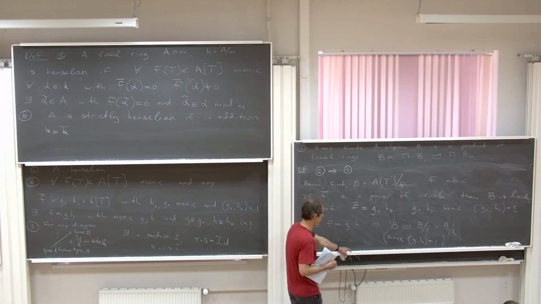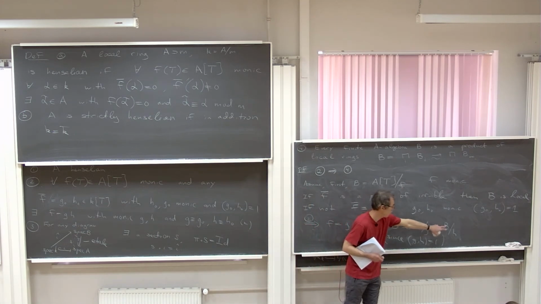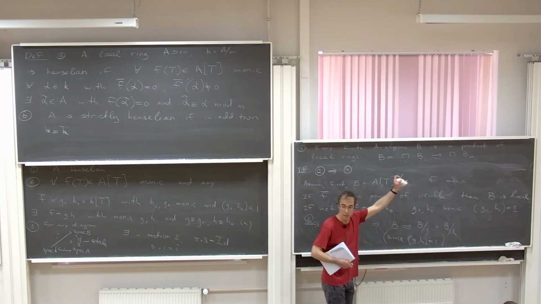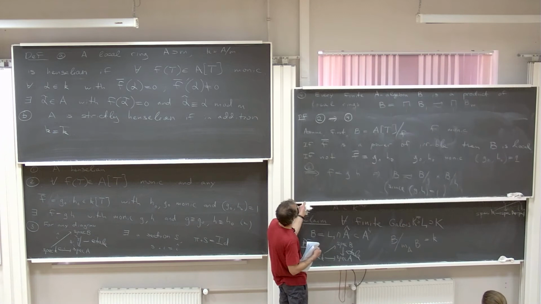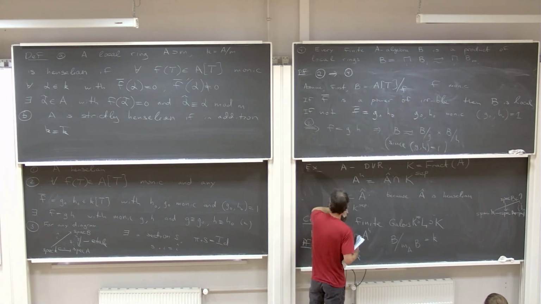So that means that we factorize B into a product, so we reduce the number of maximal ideals, and by induction we can keep going. So that's okay. Now let's reduce the general case to this.